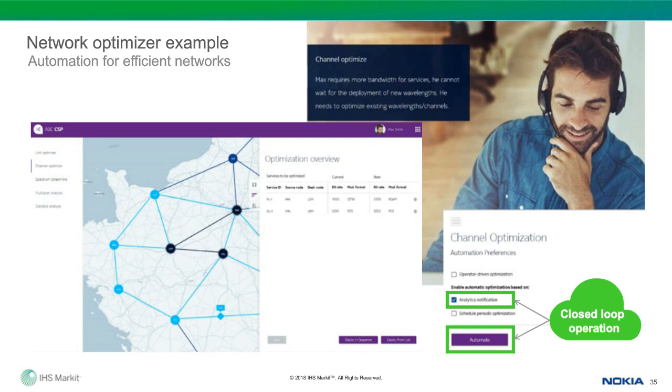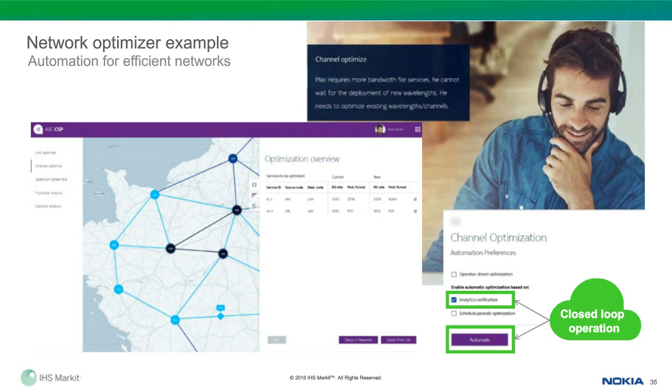It's according to measured transmission parameters and past wavelength performance rather than, as we mentioned before, designing the network with the traditional end-of-life parameters. So in this example, the customer needs more bandwidth to support a new or growing service demand, but rather than waiting for deployment of extra capacity, you can optimize an existing wavelength channel using programmable modulation schemes.